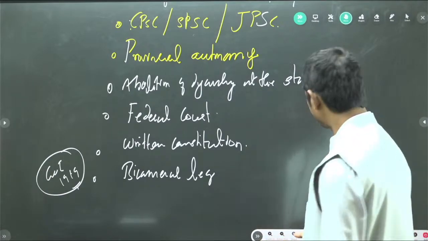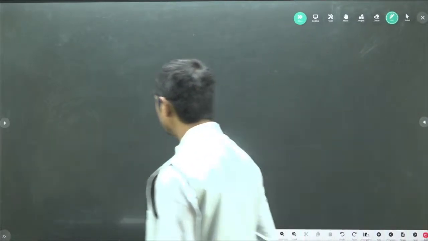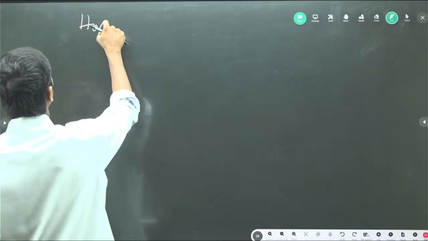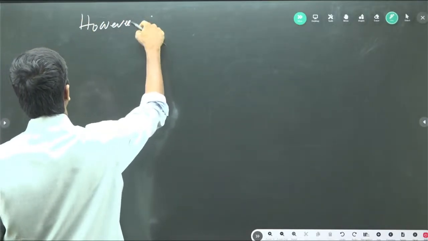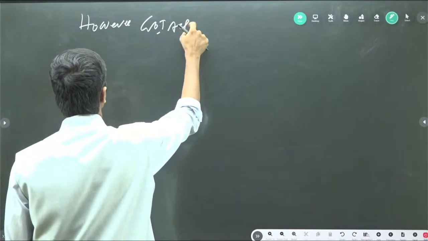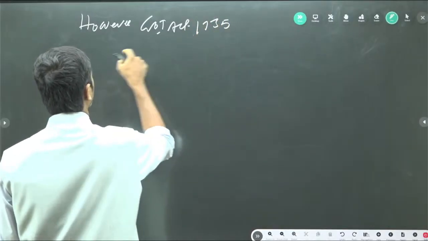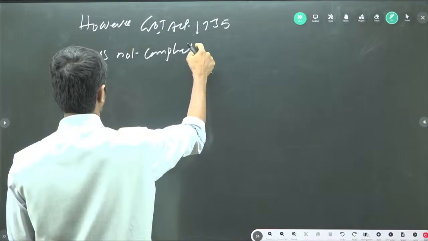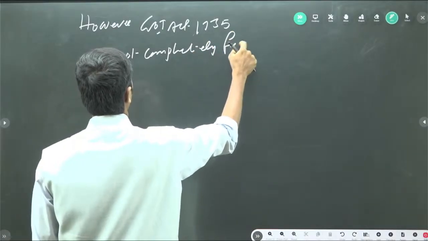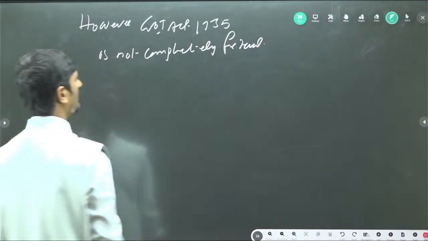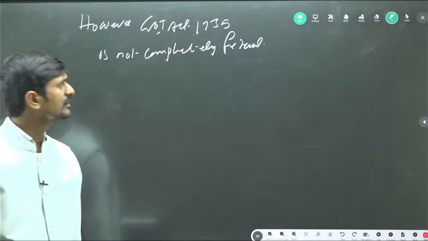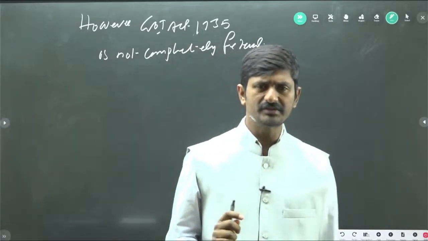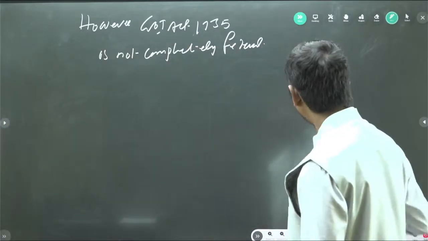But however, the Government of India Act of 1935 is not completely federal. Not completely federal, right? Why?